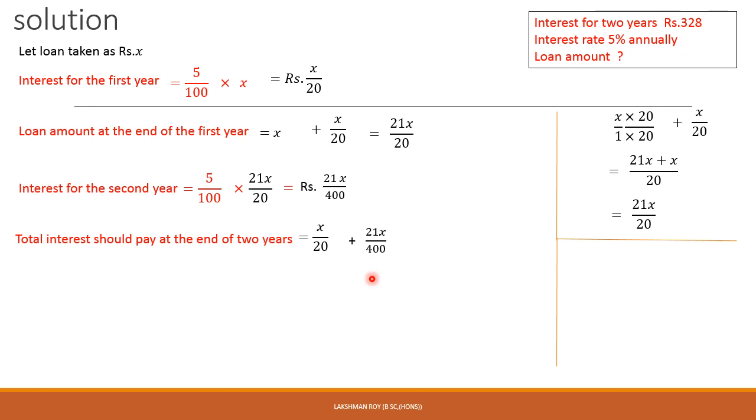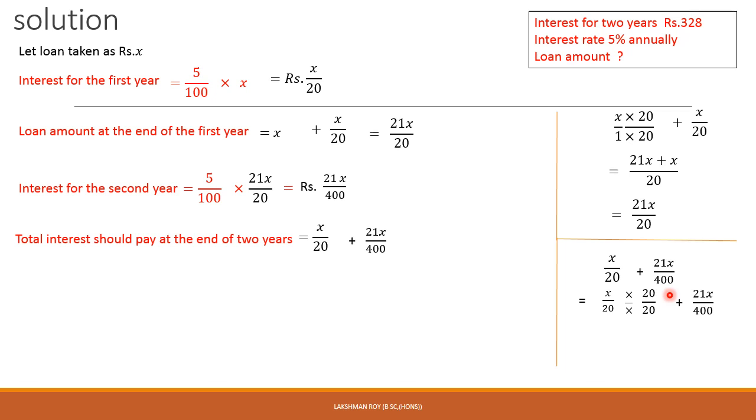So that one also I explain how to add. Here you can see the denominators are not equal. In addition, the denominators must be equal. Here 400, here 20, which means this x over 20 should be multiplied by 20. If you multiply the denominator by 20, you have to multiply the numerator by 20.